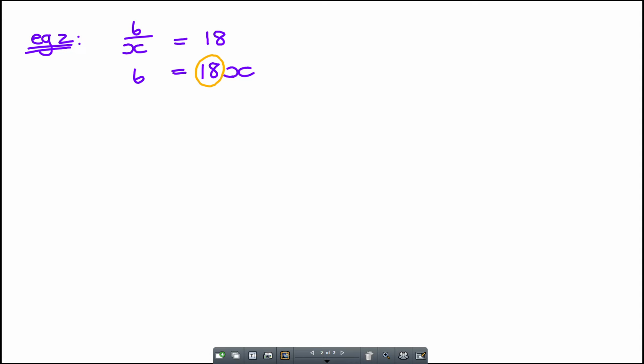So this is 18 times x. So if I take it over, it's going to become divided by. So I'm going to have 6 divided by 18, but that I can also write as 6 over 18. Do you guys understand? Now, that means that x will be 1 over 3.